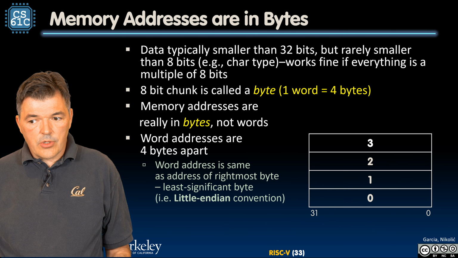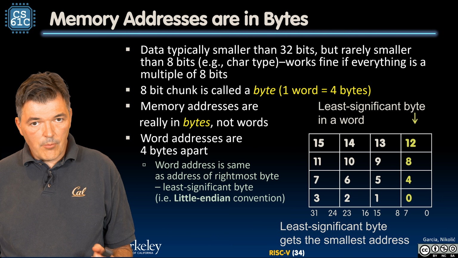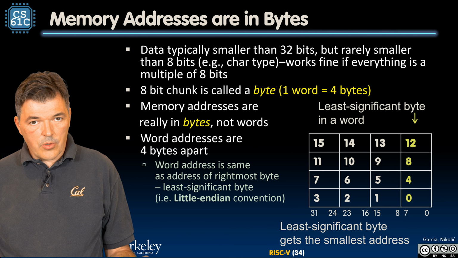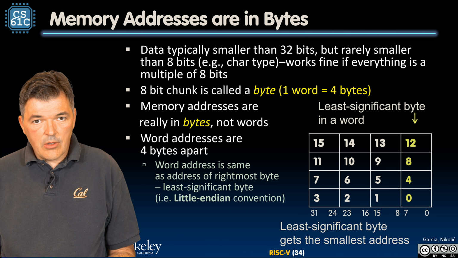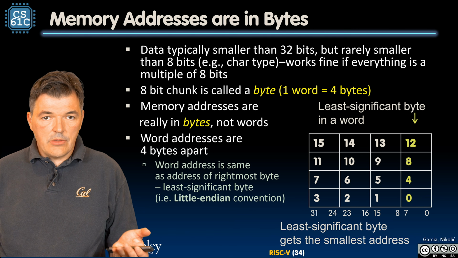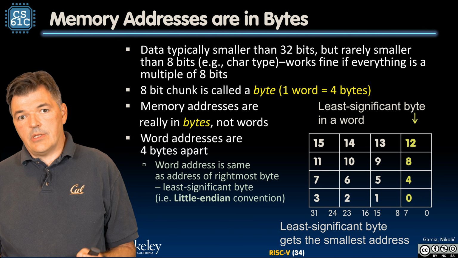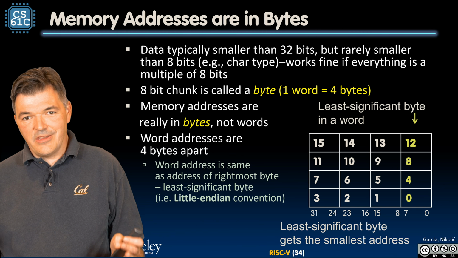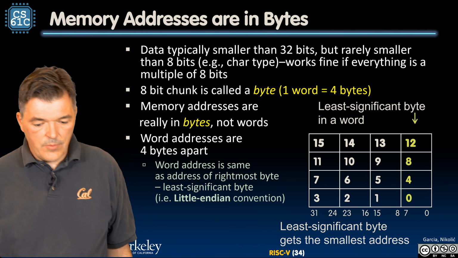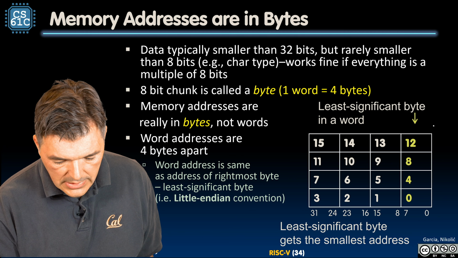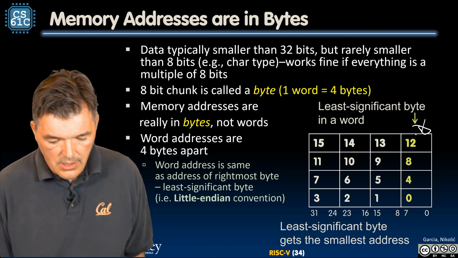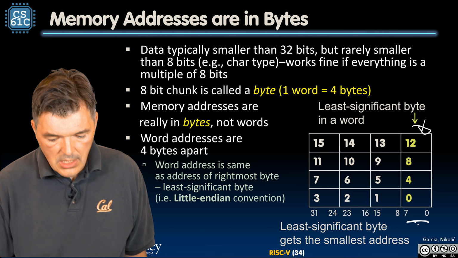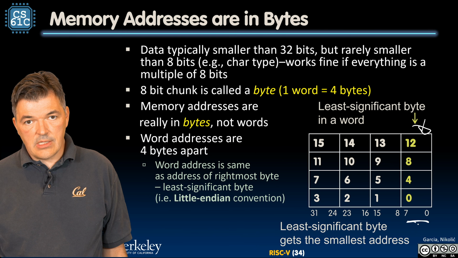So when we store bytes in words in memory, which way do they go? The RISC-V architecture follows a particular convention that has a funny name called little endian. What does that mean? That means that the least significant byte in a word, this one over here, gets the smallest address inside that word.